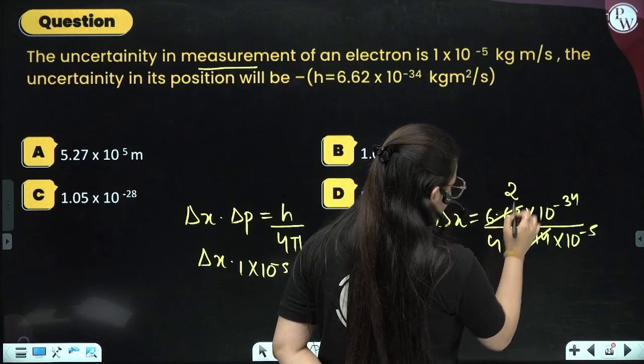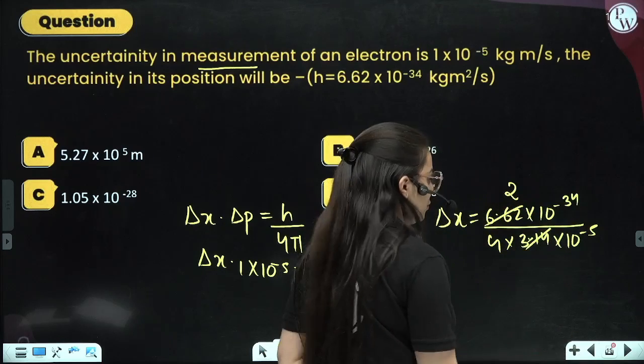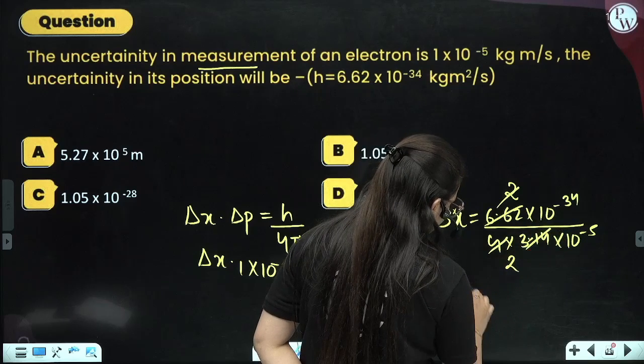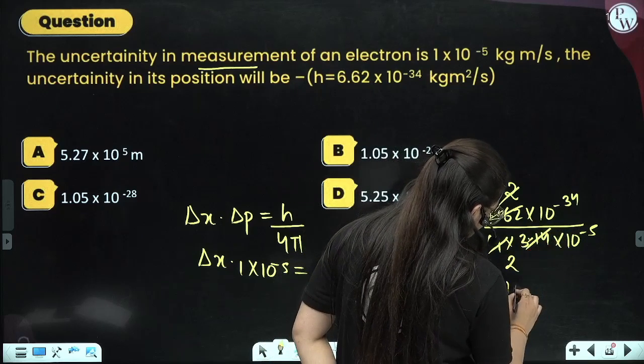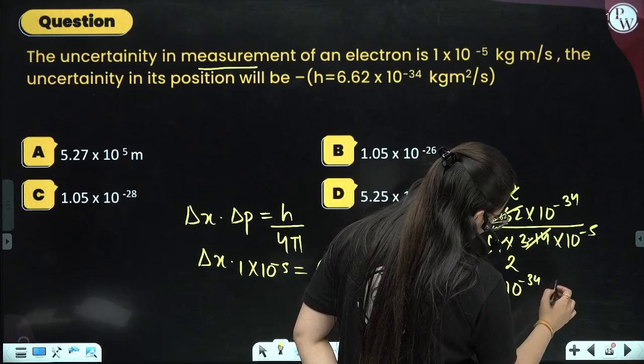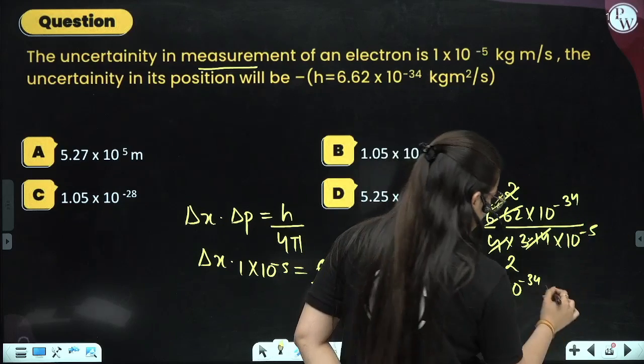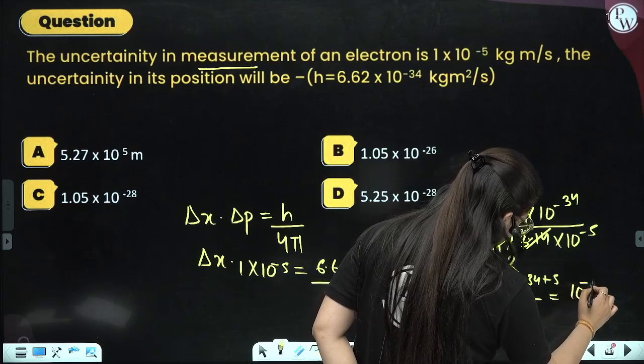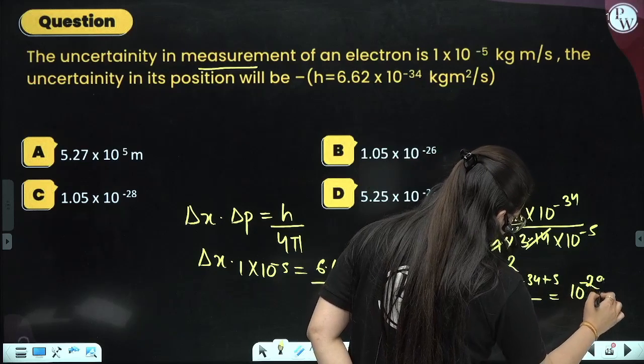Let us consider it is 6.6, it is 3.1, on the table of 2 I have divided it. Then 2 2s are 4, then it is again divided. Delta x is equivalent to 10 raised to the power minus 34, this is the approximate answer that I am showing you, plus 5 divided by 2. This is 10 raised to the power minus 29 by 2.